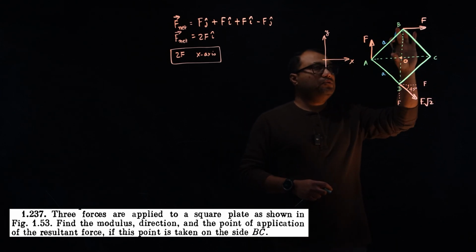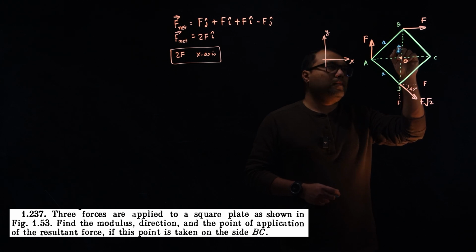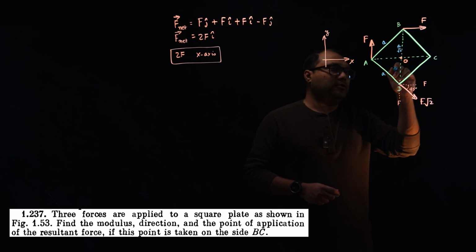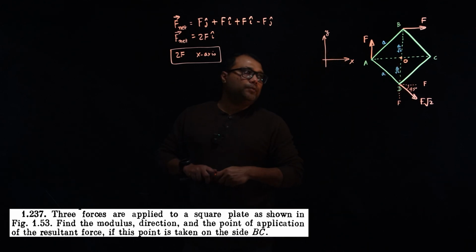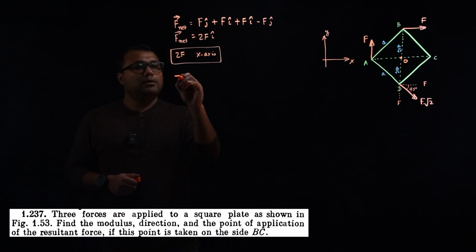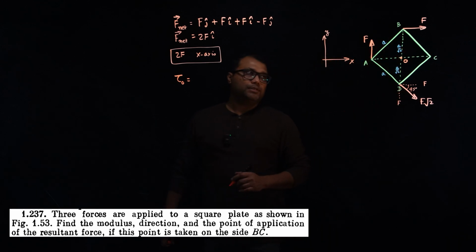So half of this, OB, will be a by root 2. And OD will also be similarly a by root 2. What we can do is we can find out tau about O due to these three forces.